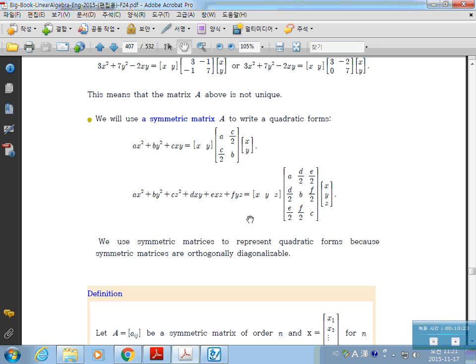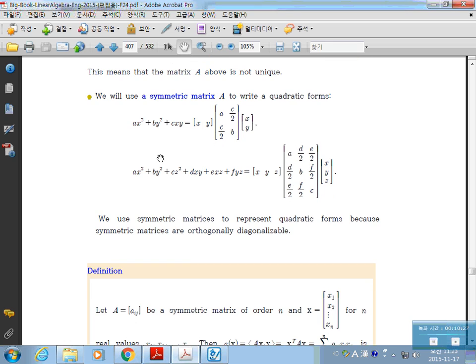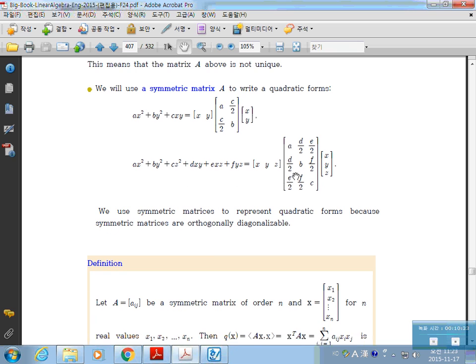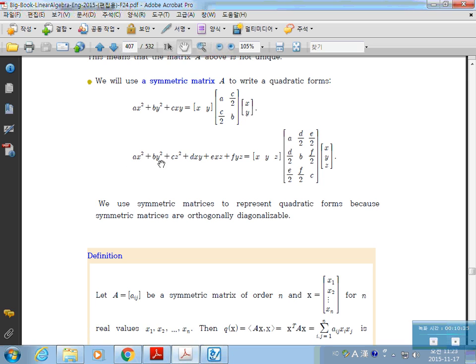So even functions with 3 variables can be represented in this way. Similarly, if you have a quadratic form with 10 variables, you can still find the quadratic form in the same way with a 10 by 10 matrix instead of 3 by 3.